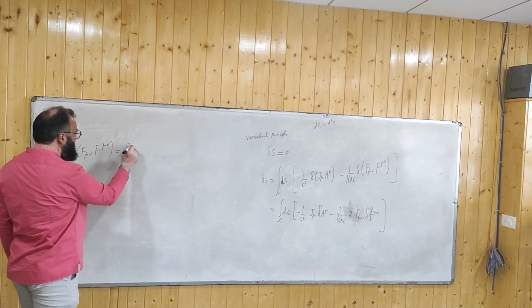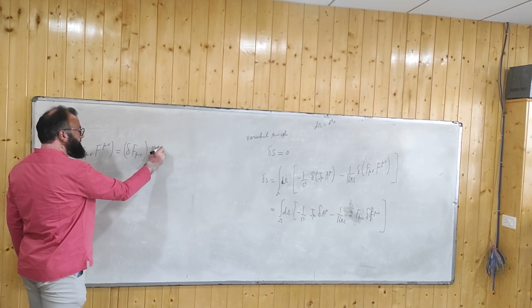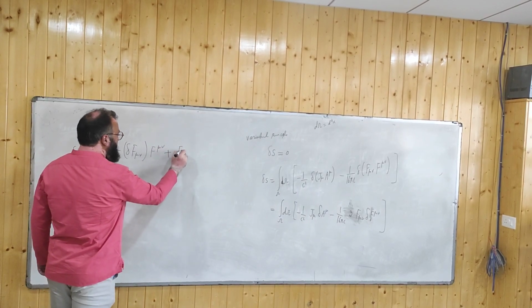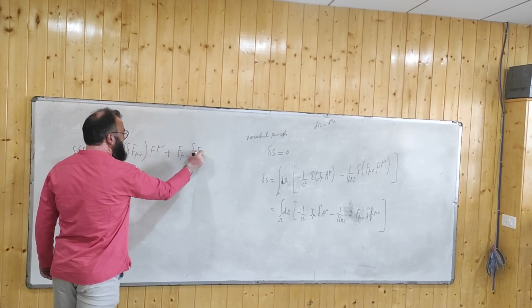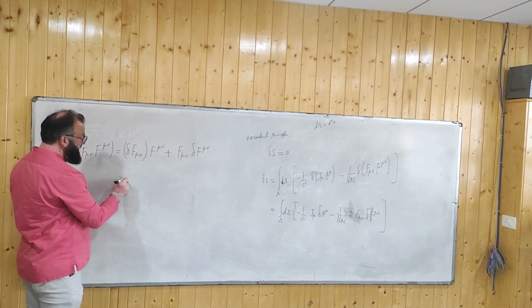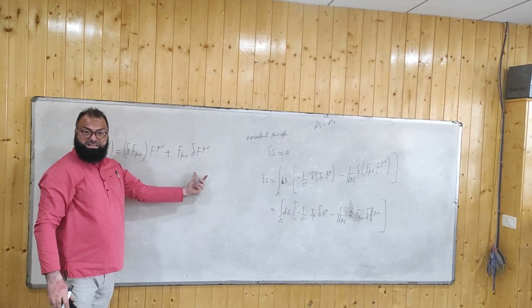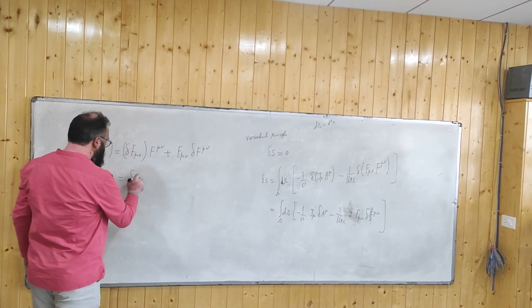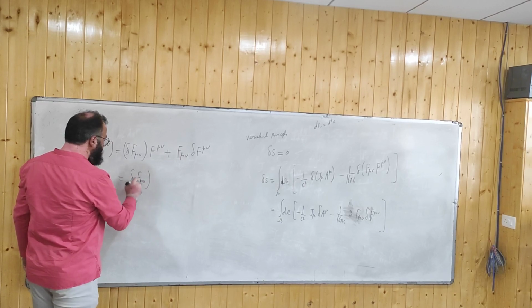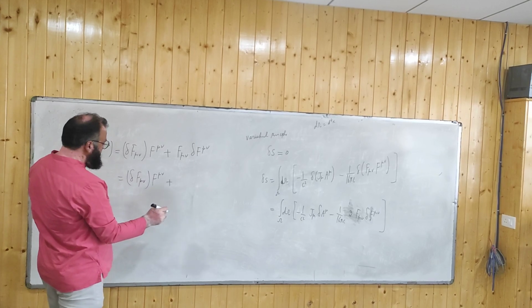It is delta f mu nu, the product rule, plus f mu nu delta f mu nu. Clear? Now I can raise 2 indices up and lower these 2 indices down. So it is delta f mu nu, f mu nu plus, so what do I write?